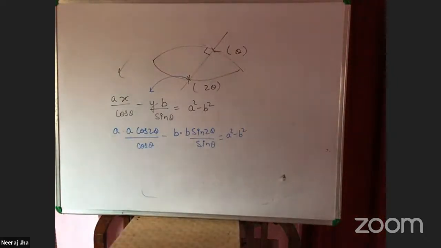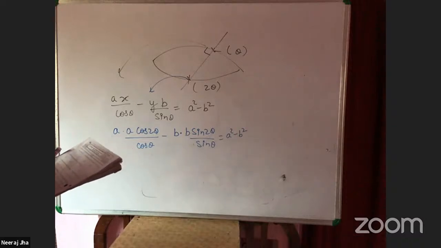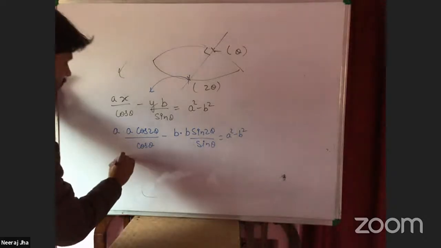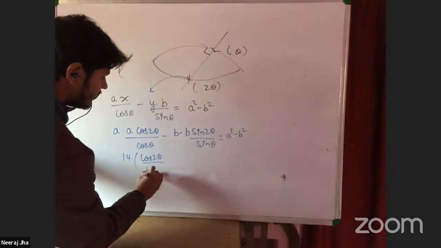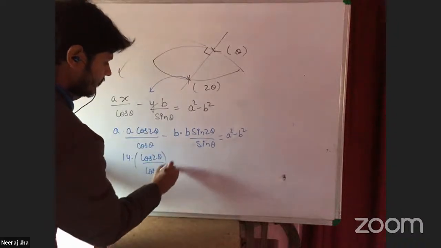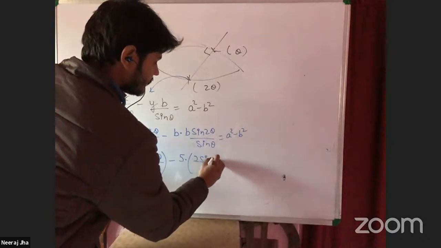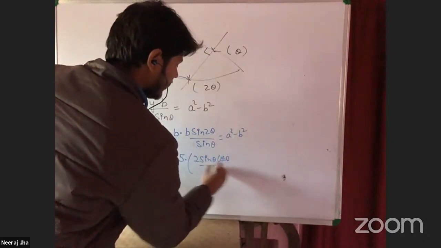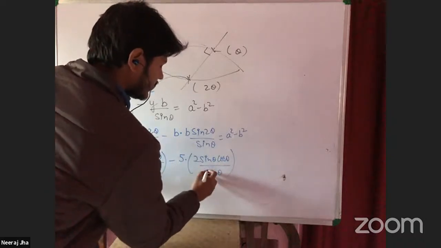Please tell me what is a square. It is 14 and b square is 5. So it is 14 into cos 2 theta upon cos theta minus 5 into 2 sin theta into cos theta upon sin theta is equal to 14 minus 5.